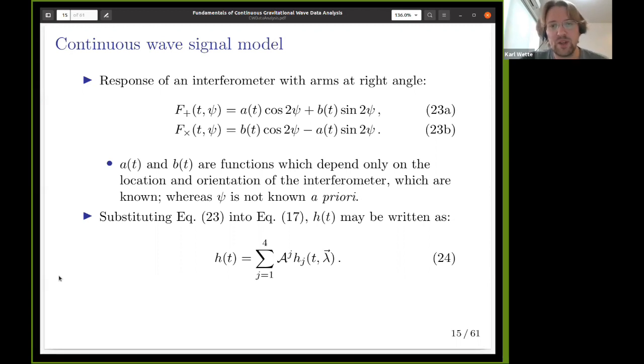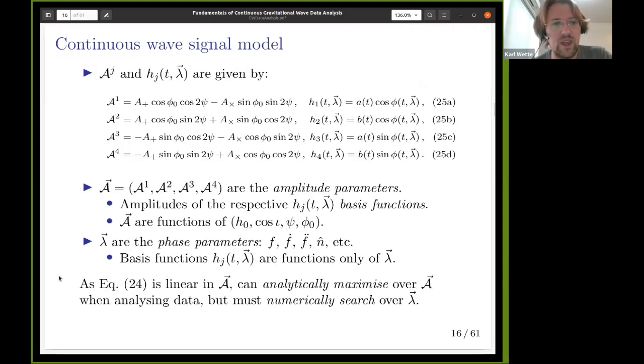So if we take that model in equation 23, we can substitute that into our model before, and we can write our h of t in terms of the sum over four quantities. I'll give you the expressions explicitly there in equation 25. You don't have to look at those very carefully, but it's just to show explicitly what they are.